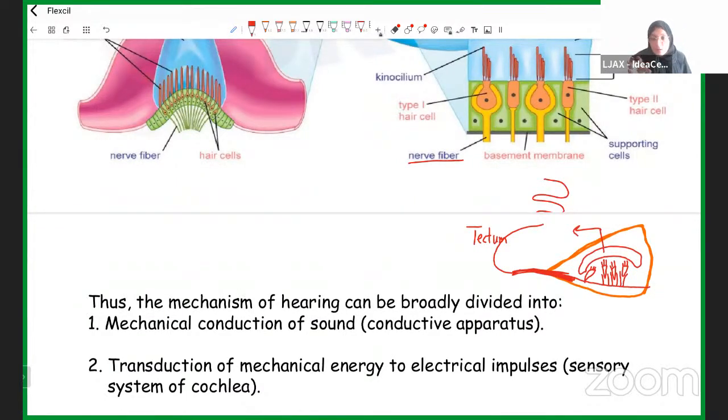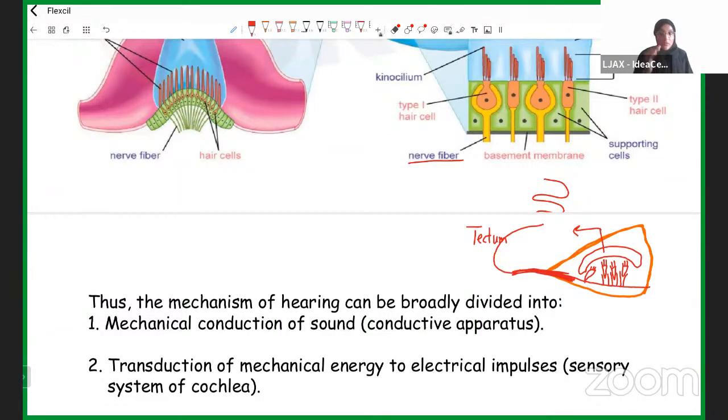Now we have a pathway, which we call the neuronal auditory pathway, where we will go into the details later. But just understand that from the pinna, the sound goes inside into the external auditory canal. From the external auditory canal, the sound reaches the tympanic membrane. It stimulates the tympanic membrane. After the tympanic membrane gets stimulated, the ossicles start moving. And the footplate of the stapes will start stimulating the cochlea.